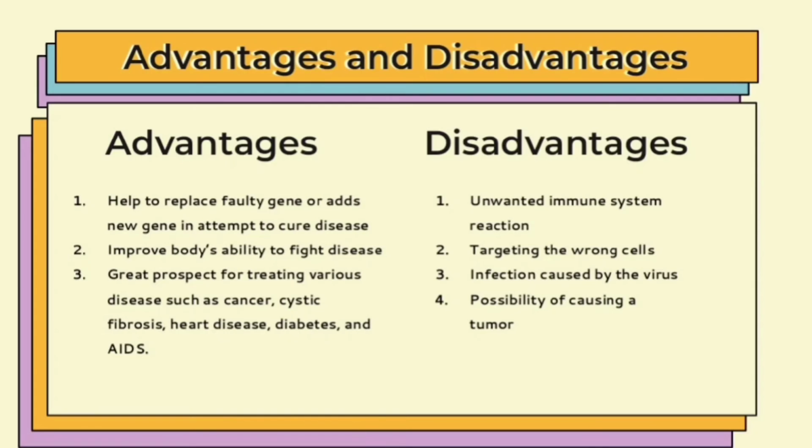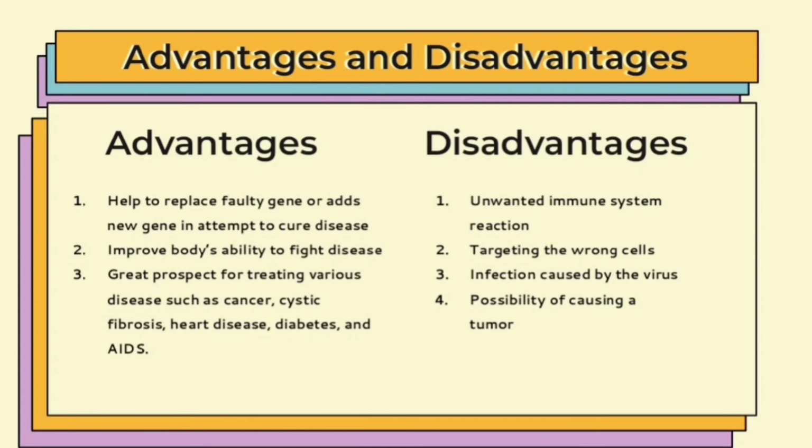Also, the second thing is that it can target the wrong cell, because viruses can affect more than one type of cell. It is possible that the altered virus may infect additional cells, not just the targeted cell containing mutated genes. It can also happen to healthy cells.